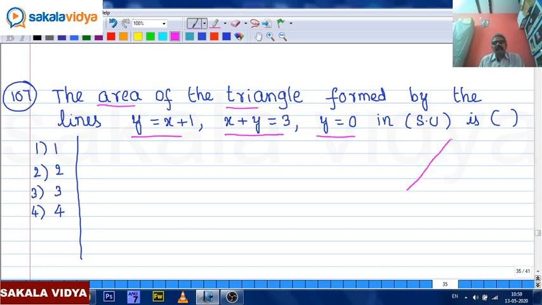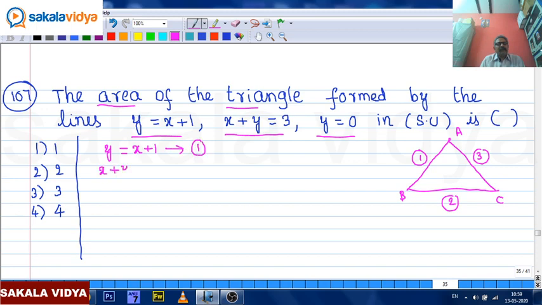So, that means this is the triangle, say ABC. Say this is equation 1, this is equation 2, equation 3. So, y equals x plus 1, equation 1, x plus y equals 3, equation 2, y equals 0, equation 3.